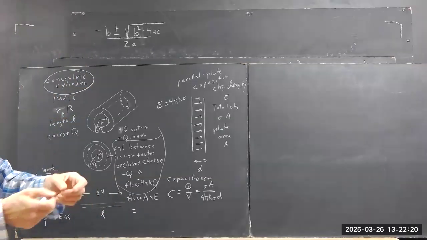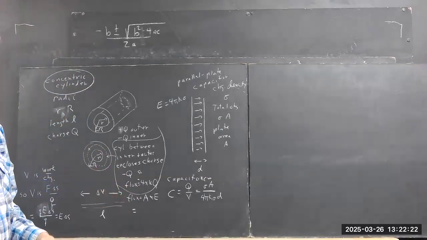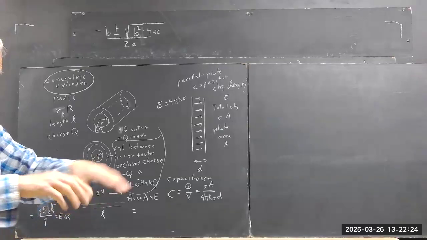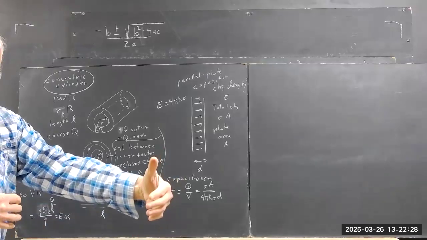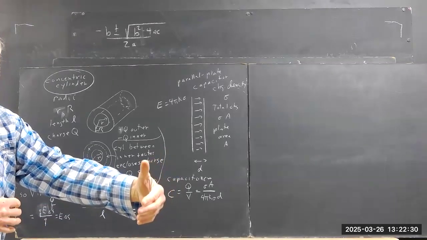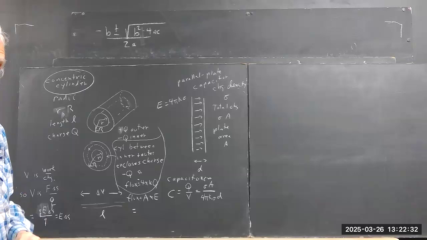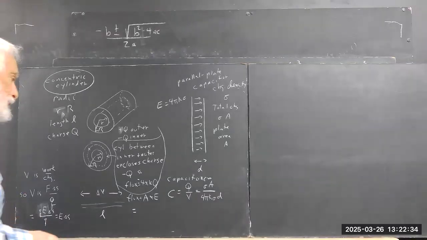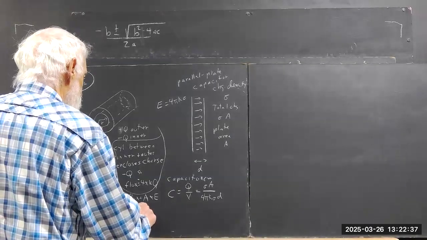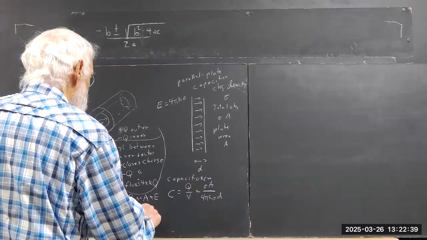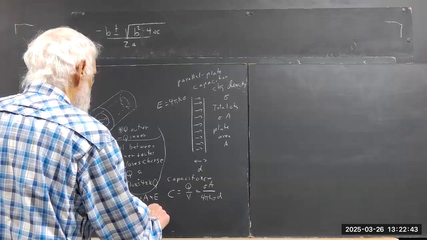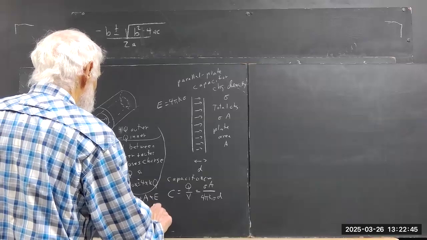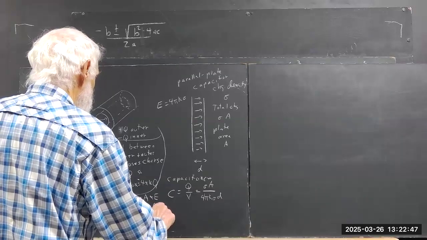Remember, you talked about unrolling the piece of paper. You unroll a cylinder, and the circumference becomes the length of a rectangle, and the width is the length of the cylinder. So that's 2 pi R times L. Simple.